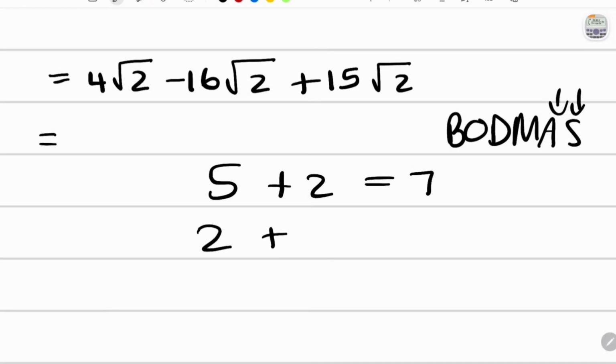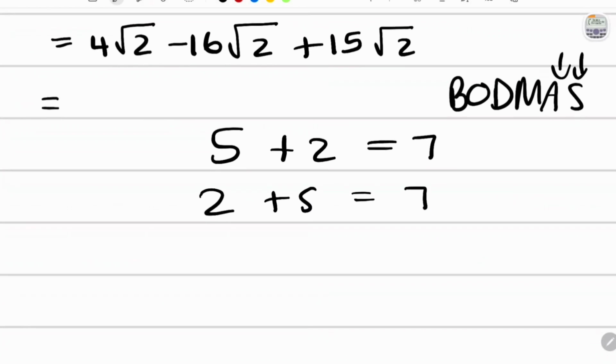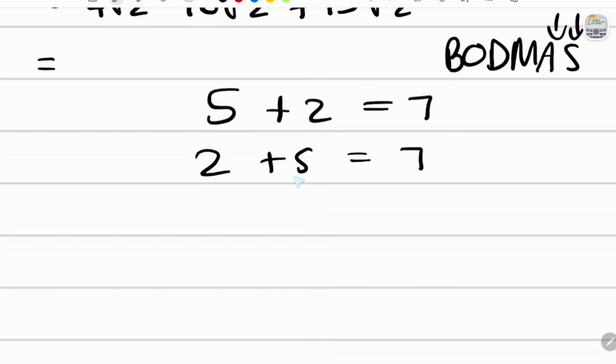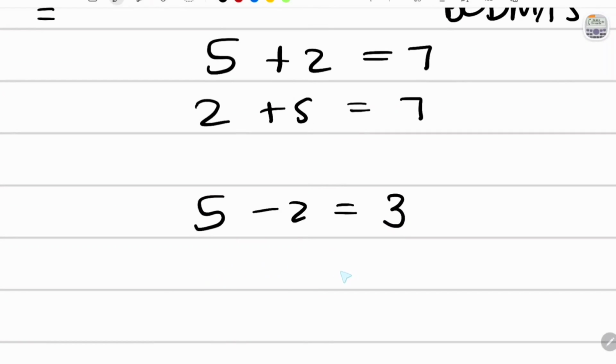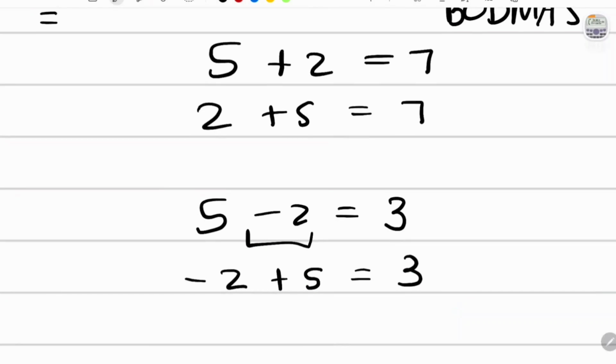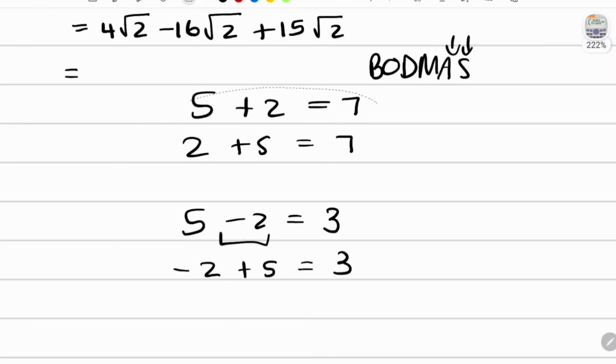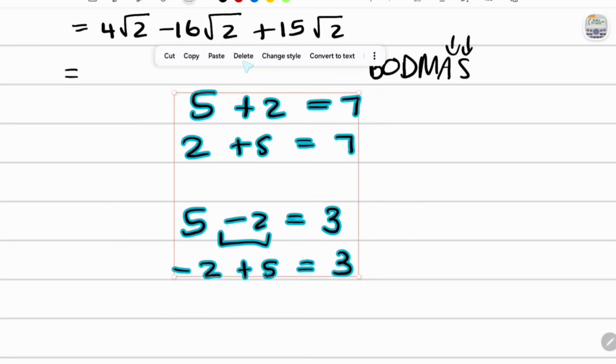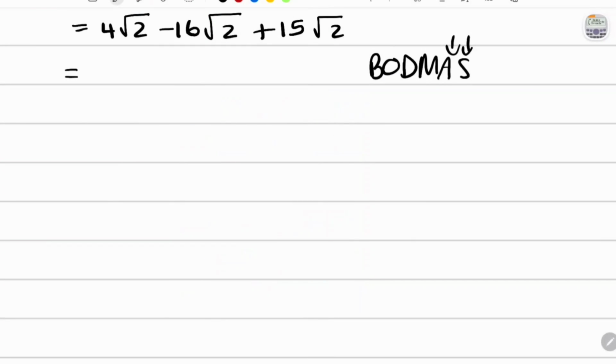And if I said 2 plus 5, it's still 7. And even with subtraction, if you said 5 minus 2, that gives you 3. But you cannot say 2 minus 5, because then you're not really taking the number that you saw here. The number here is not a 2, it's a negative 2. So that's negative 2 plus 5, which will still give you positive 3. So that's what I mean by addition having a commutative property. It's really addition and subtraction.